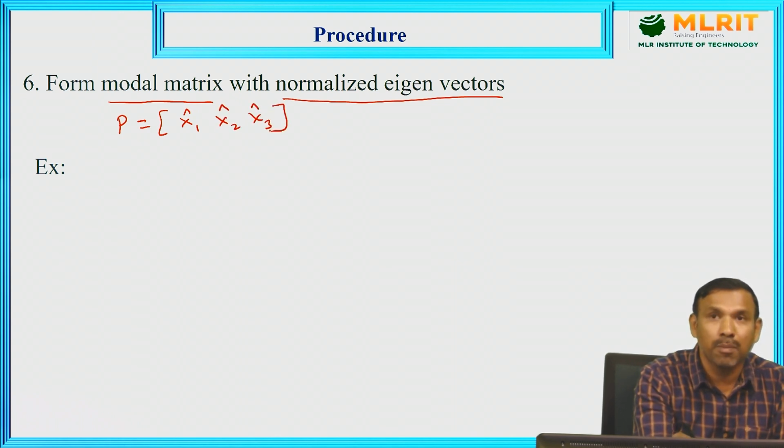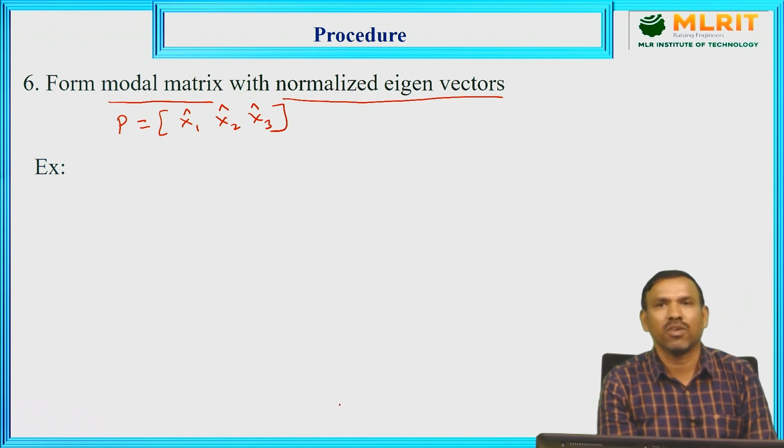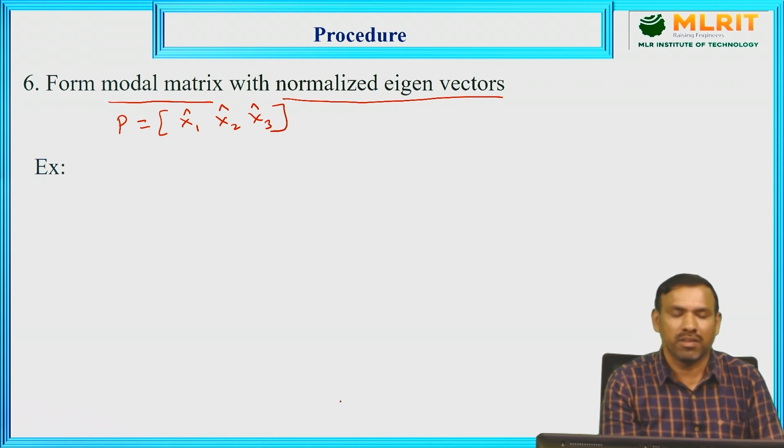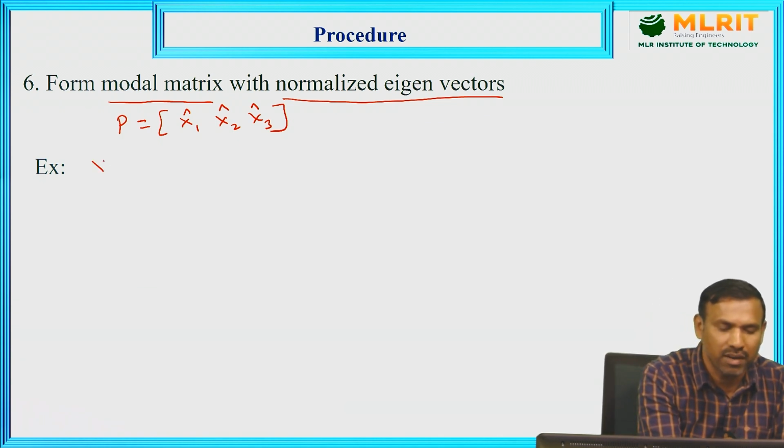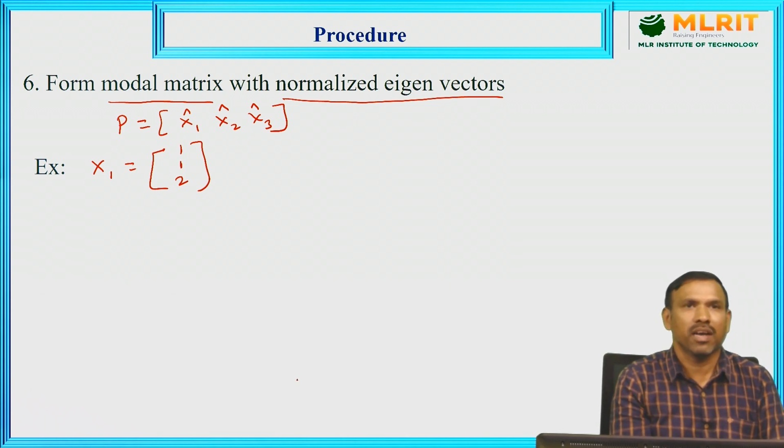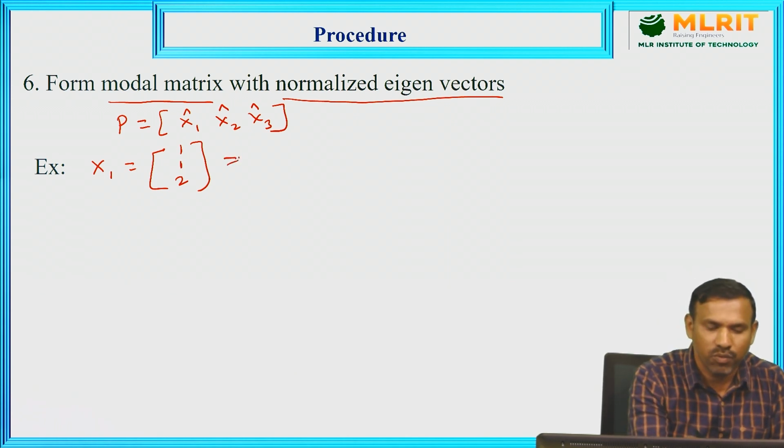Cap is the normalized eigenvectors of x1, x2, x3. Then how to get the normalized eigenvectors? Let us take an example, you will understand. Suppose x1 is equal to 1, 1, 2. So what is the normalized eigenvector? This is x1 by norm of x1, called x1 cap.